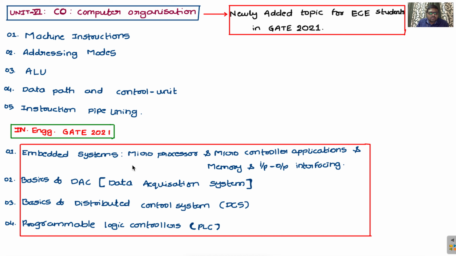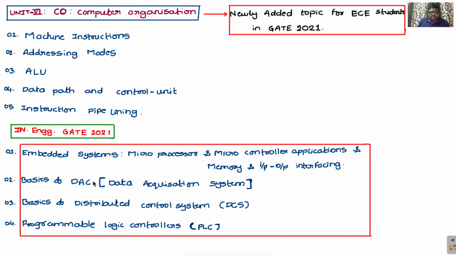So only certain topics are mentioned under embedded systems, not the complete embedded systems, only processor and controller applications and memory and input output interfacing. And basics of data acquisition system, basics of distributed control system, and programmable logic controllers. So these are the four topics which are added in GATE 2021 for instrumentation engineering students.